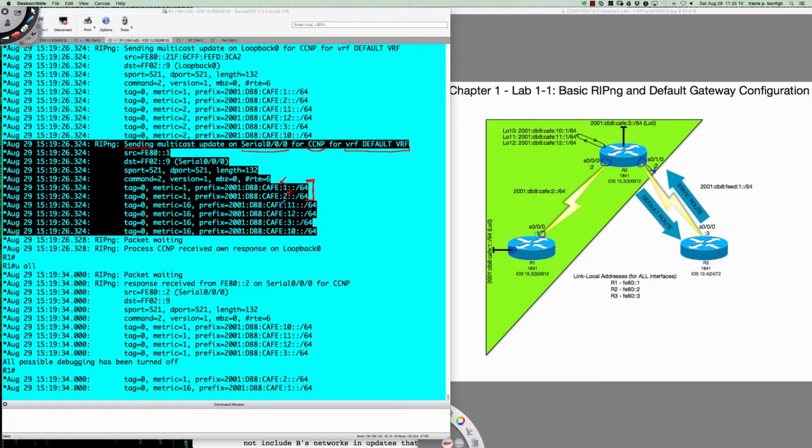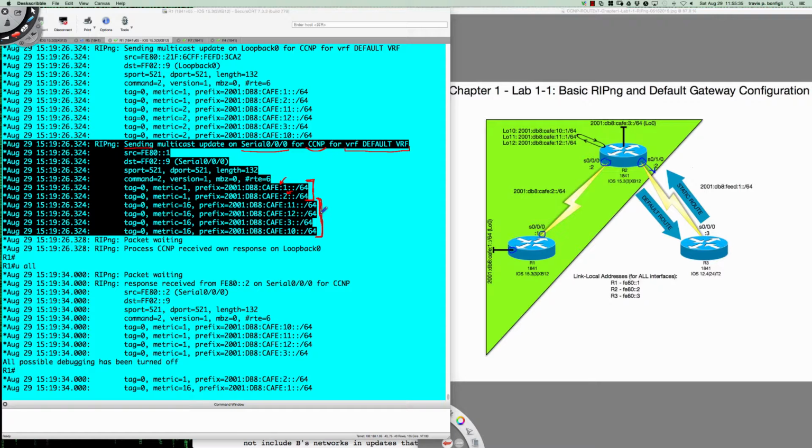And split horizon says that for routes that you learn from a neighbor coming through a specific interface, you do not send those routes back. I don't re-advertise those routes back because it doesn't make sense. If I'm learning them from that interface, I'm not going to turn around and tell router 2, hey, here are these routes I just learned from you.